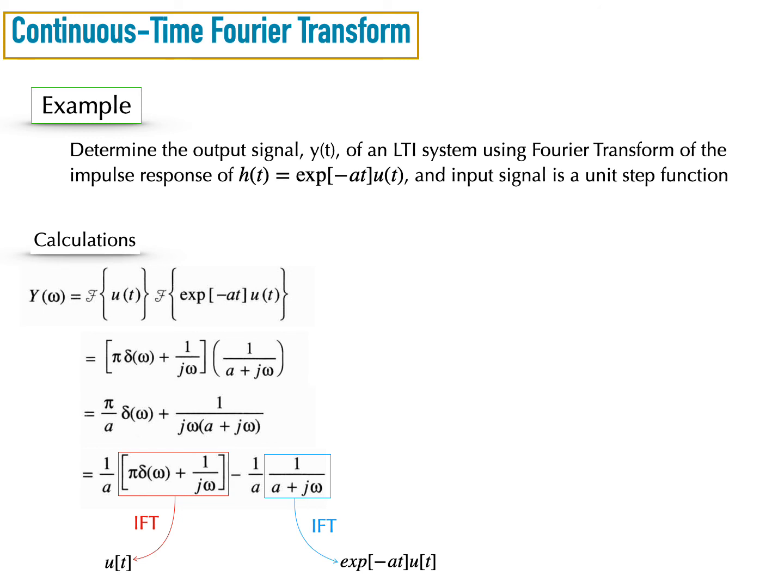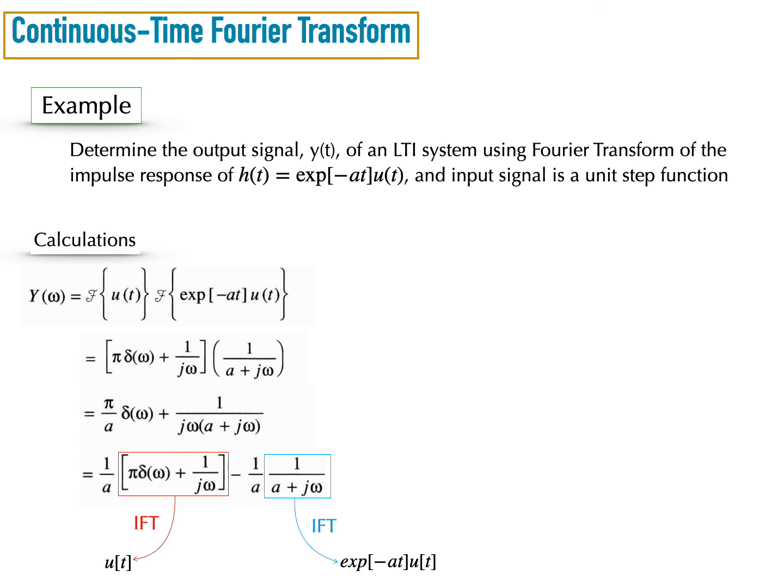Okay, so why did we need to perform the inverse Fourier transform? Because we want the output signal not in the frequency domain but in the time domain. It was easier for us to perform convolution in the frequency domain because it is simply multiplication.